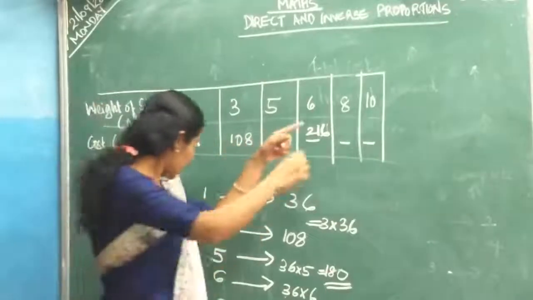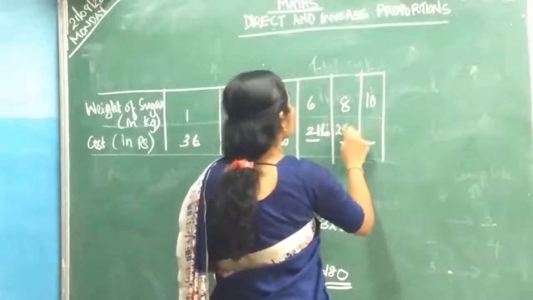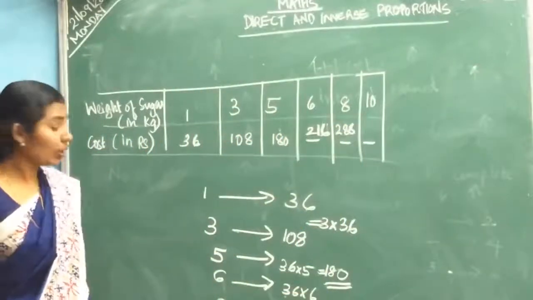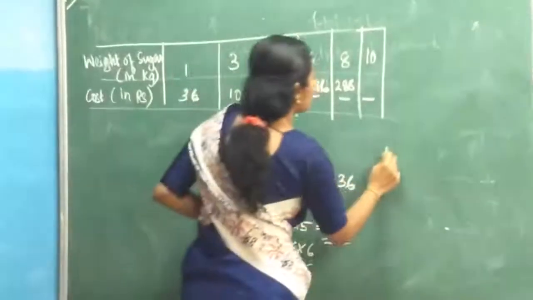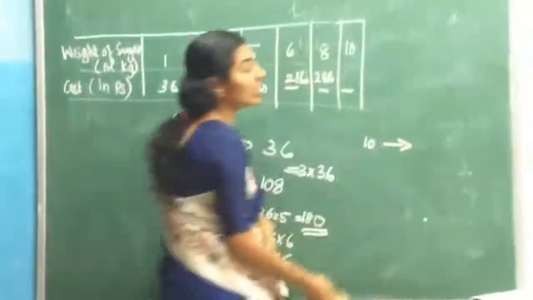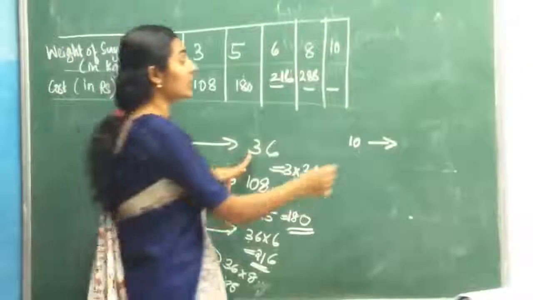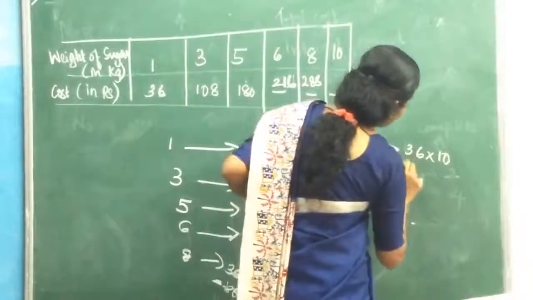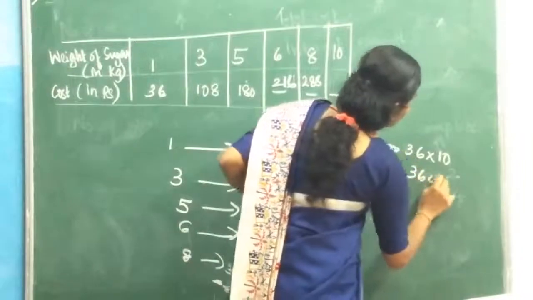So here you should fill 288. Now, the last one. For 10 kilogram of sugar, how do we find the cost? 36 multiplied by 10, that is 360.